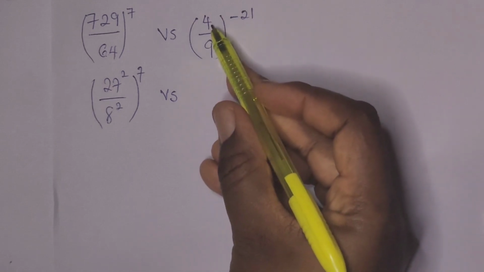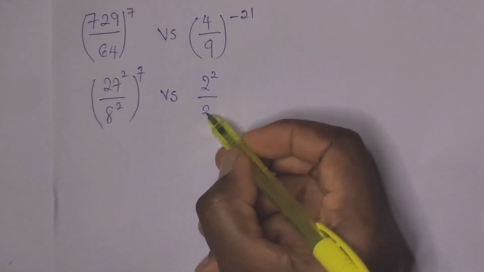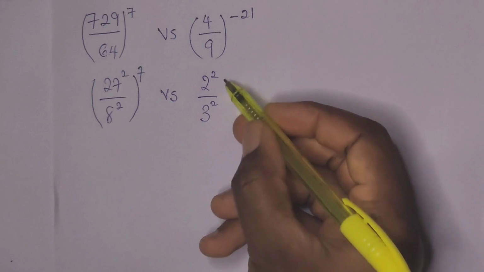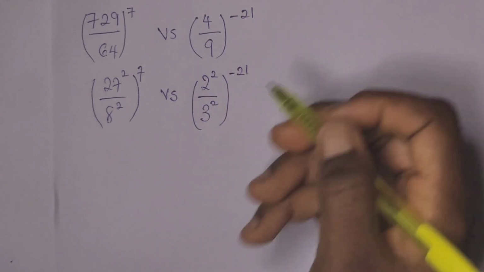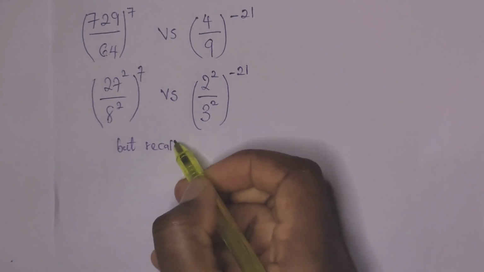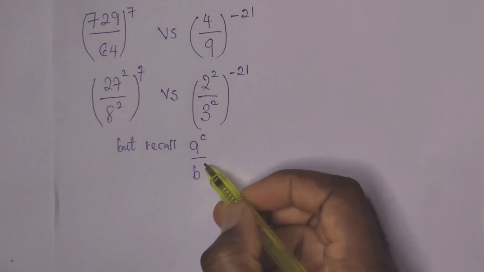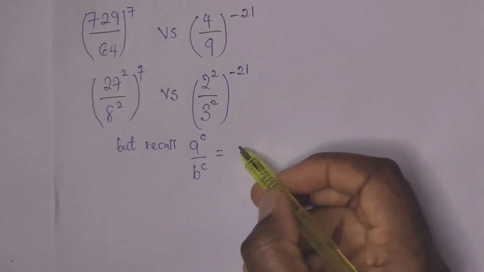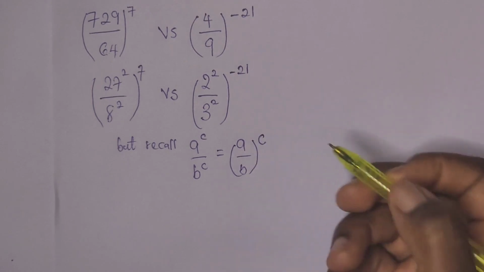Versus we have 4, which can be written as 2^2, over 9, which can be written as 3^2, all to the power of minus 21. But recall, when you have a^c over b^c, this is the same as (a/b)^c.